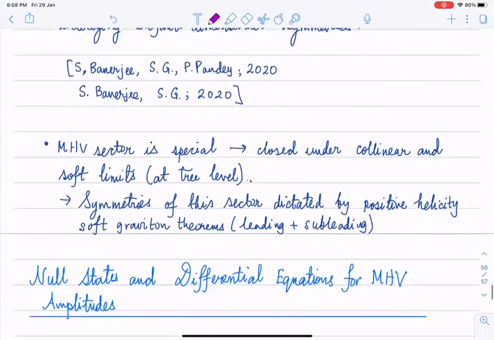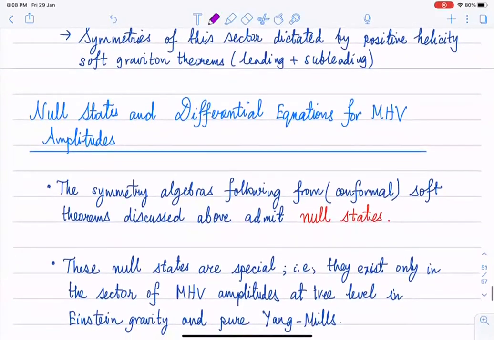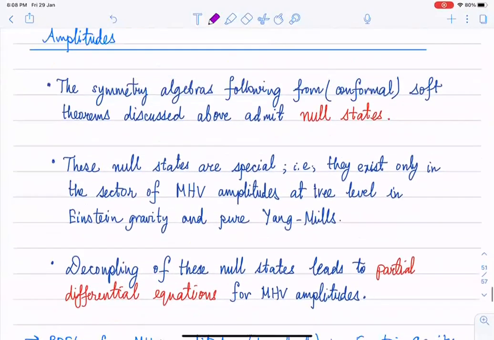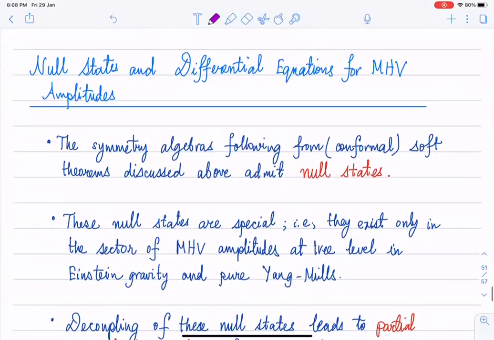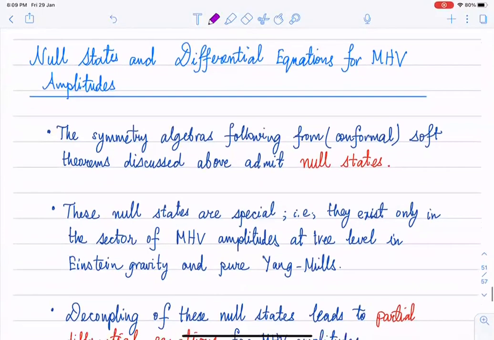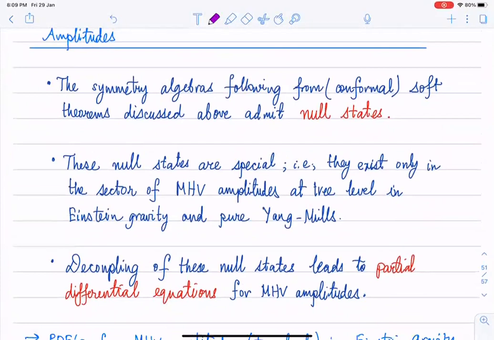I don't have time to go into the details of how that happens, but let me quickly tell you the essential story behind it. The symmetry algebras which we discussed, that follow from the various soft theorems, admit certain null states.